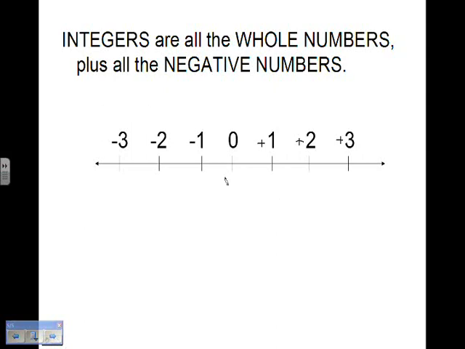One important thing to consider is when comparing numbers, we know very well that 3 is larger than 2, and 2 is larger than 1, because it's further along the number line to the right. The same needs to be considered when we're thinking of negative integers. Whatever is further to the right is larger than what is further to the left.